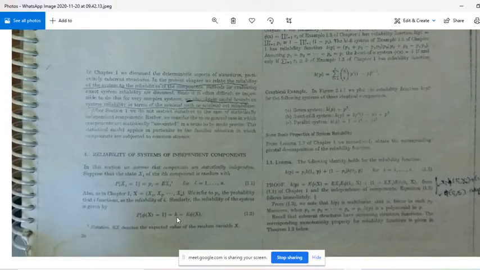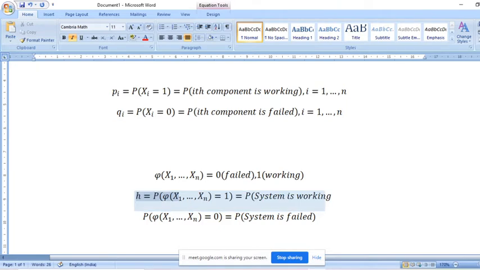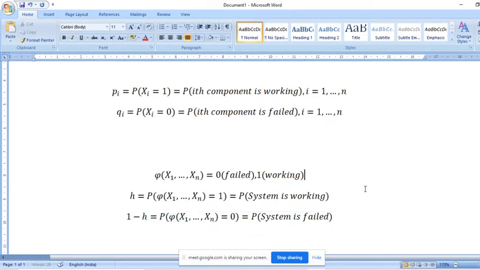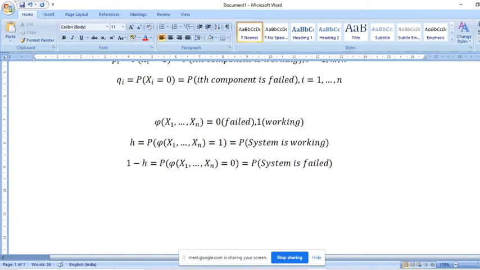The notation given for this is h, and the other is 1 minus h. Now we have 4 values and 4 probabilities.